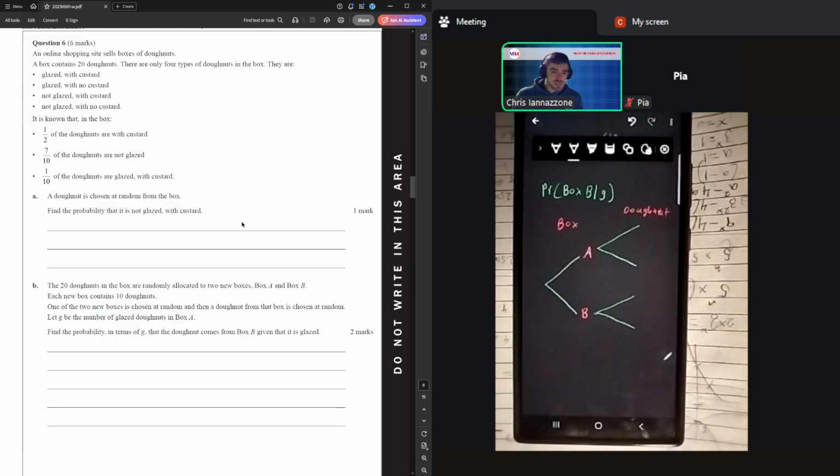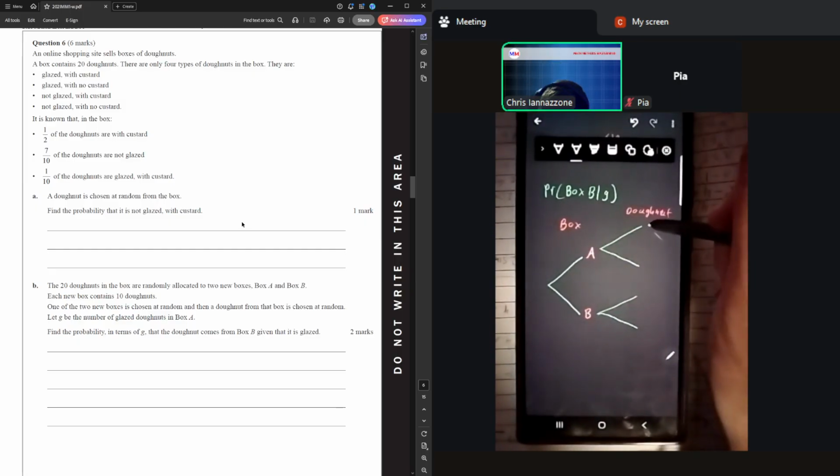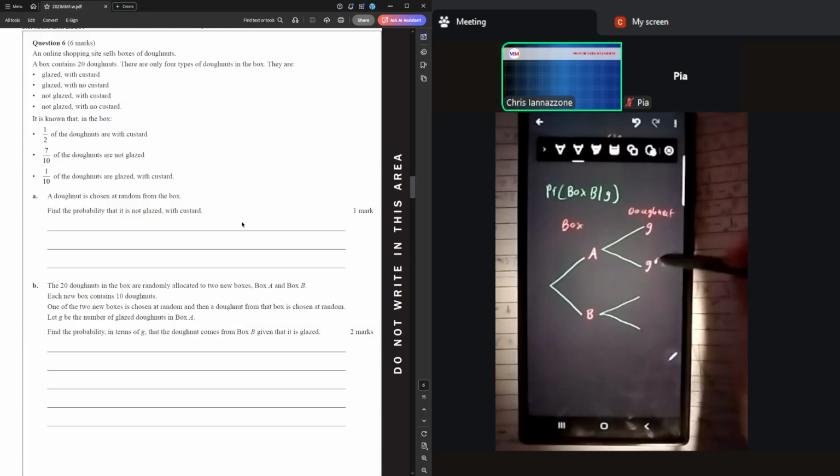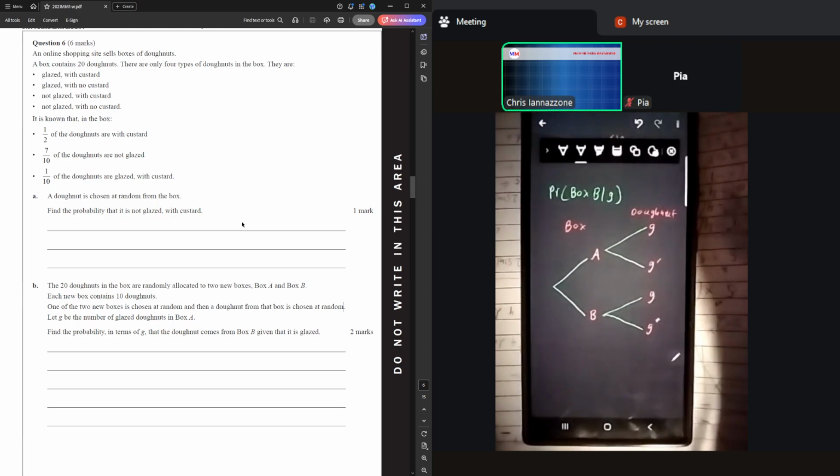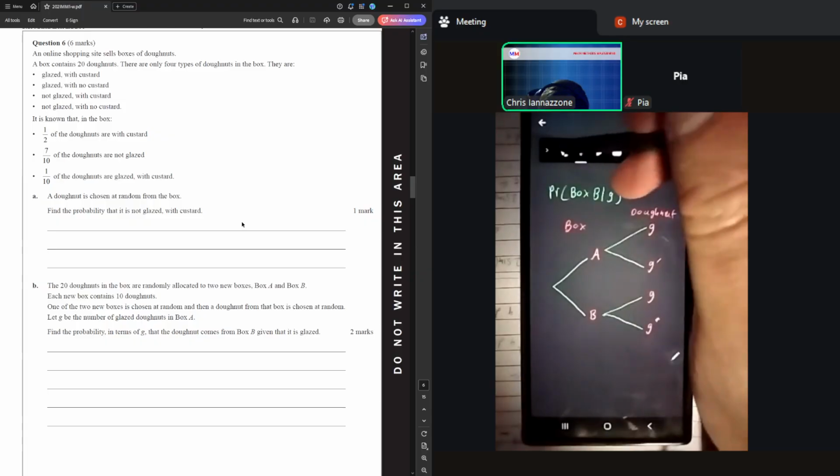Box B given glazed, we need to have both pieces of information in this diagram. So think about what's missing or how we can represent it. Would we say glazed and then not glazed? Yeah, absolutely. Glazed or not glazed? Glazed, not glazed. Sounds good to me. We've got glazed in there, and we've got box A and B in there.